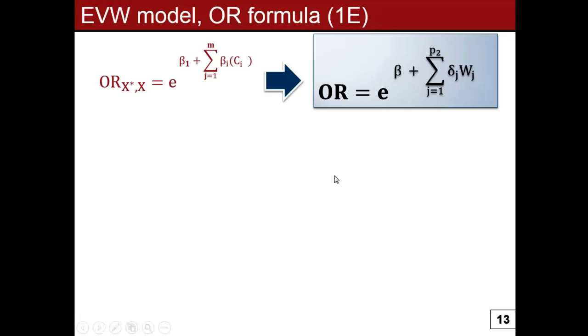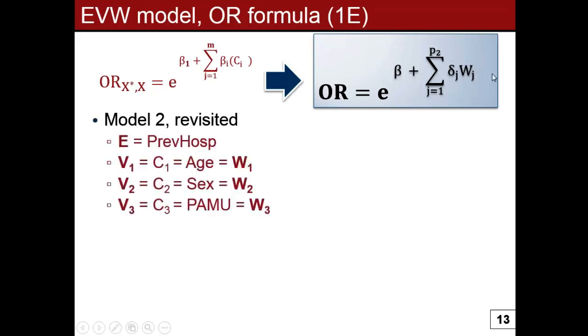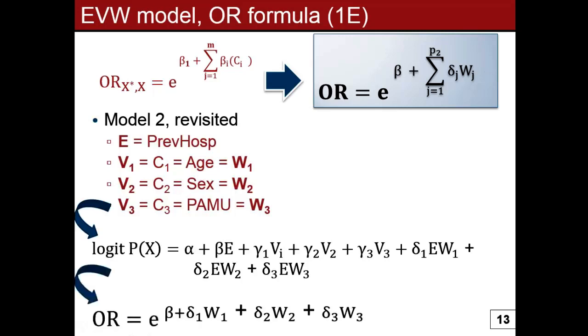But in the single exposure situation, what used to be this formula, which I showed at the end of the last lecture, where I put a C in here, I could have put X, representing terms that were in interactions with exposure, and I said this was the odds ratio when there is interaction with exposure. To rewrite this using the EVW language would be E to the beta plus the sum of the deltas times the W's.